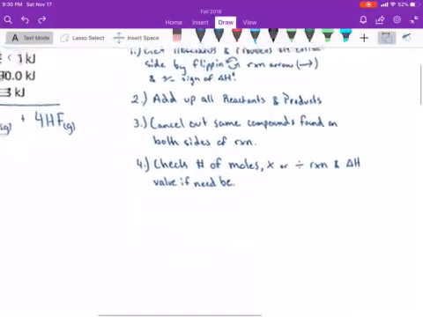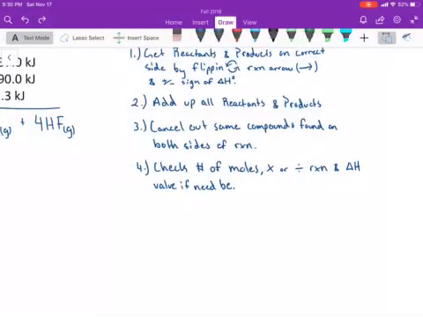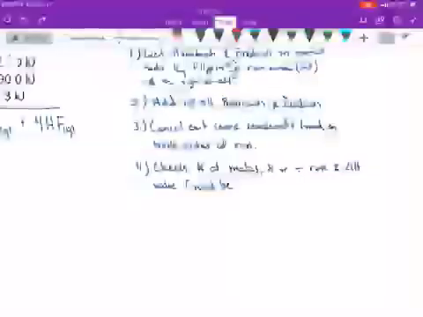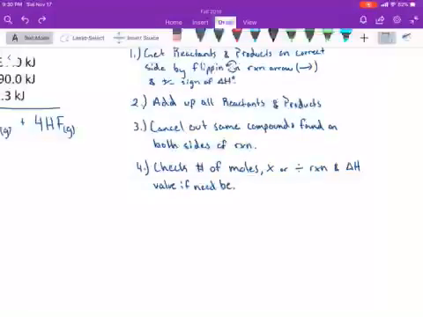Third, we're going to cancel out anything that's found on both the reactants and product side. And then fourth, we're going to check the number of moles of each product and reactant that we have and make sure we have enough or how much we want. And we can multiply equations by a number in order to get the number of moles we need.